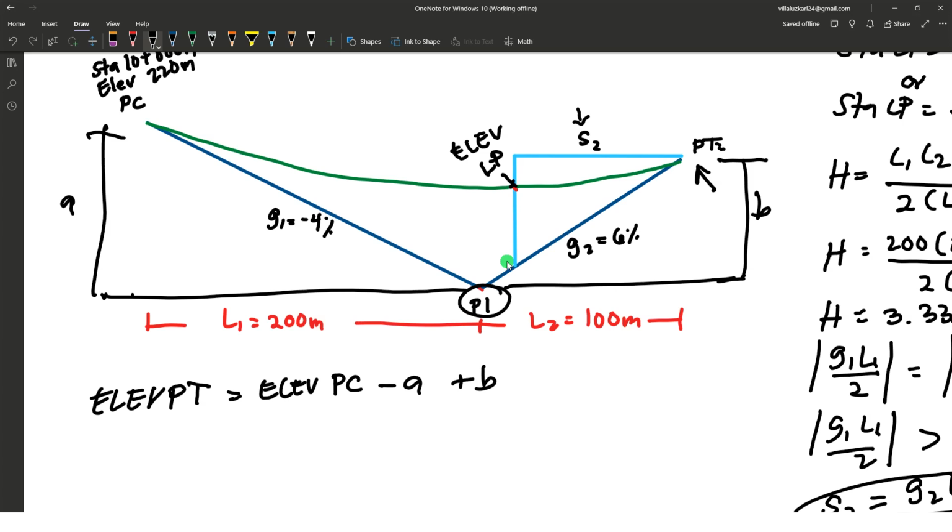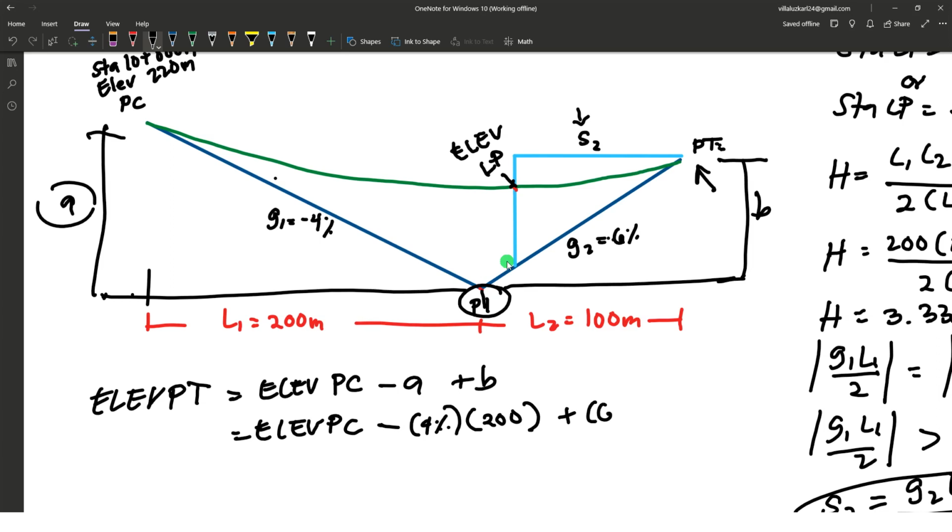So this vertical distance here can be determined by just multiplying the grade of the tangent to the equivalent horizontal distance. So A is negative 4% times 200, plus, because this is positive, 6% of 100.